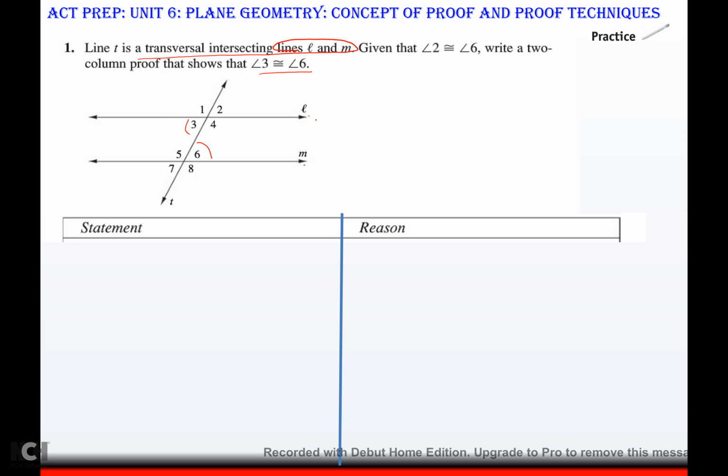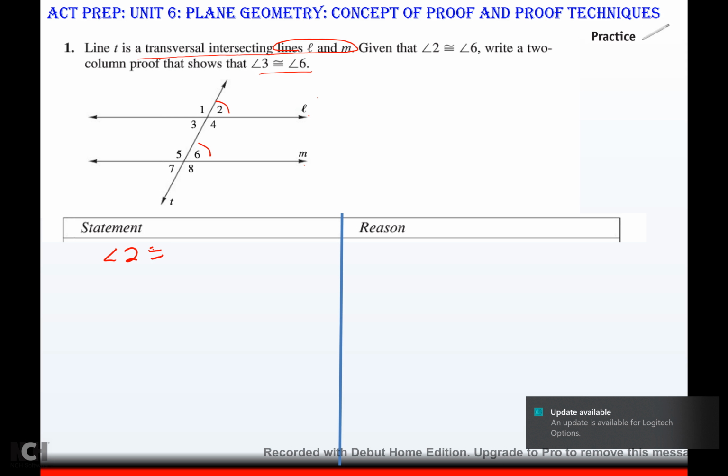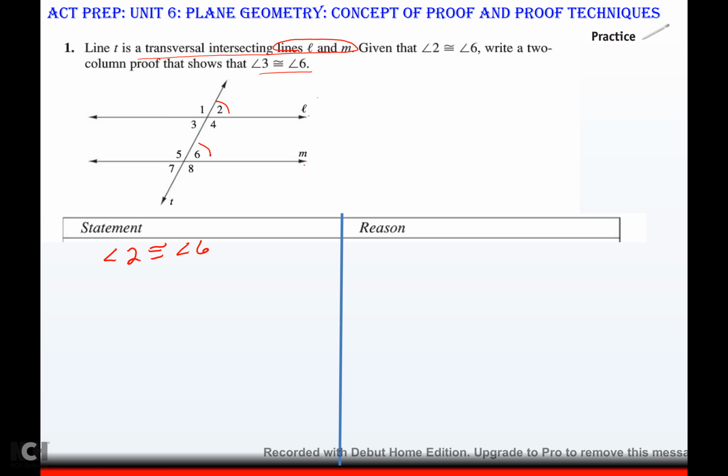It's already proven because they're alternate interior angles. But I cannot assume that these lines are parallel. So all I have is that angle 2 is equal to angle 6.